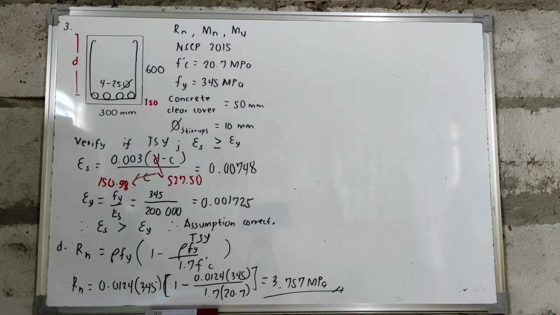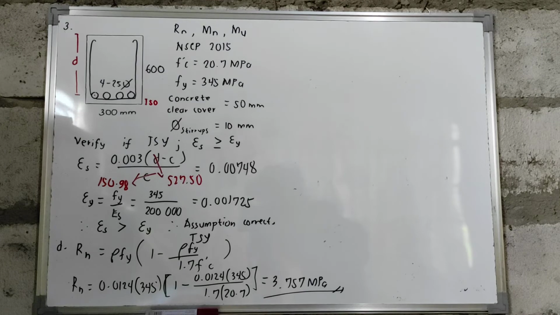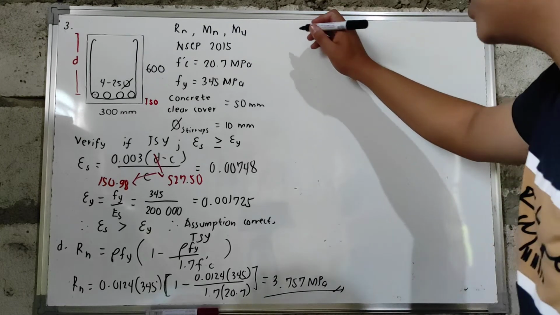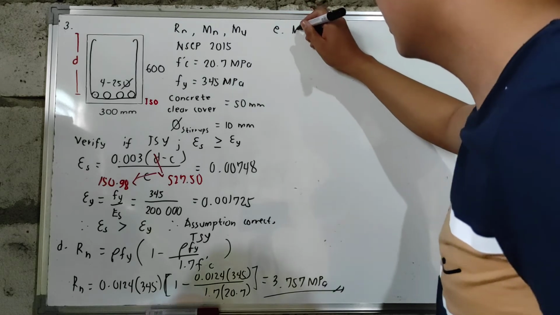Kahit na ano kasi yung gamitin mo is halos parehas lang yung kalalabasan na answer doon. So for this, gamitin natin parehas para ma-check lang natin and ma-justify yung statement natin. Let us now solve for the value of your M sub n.